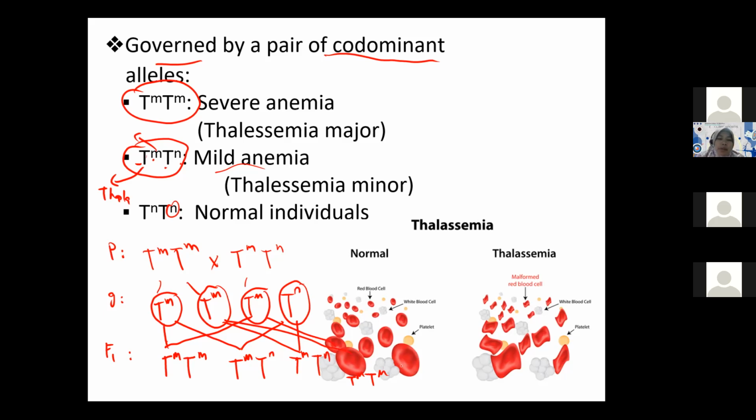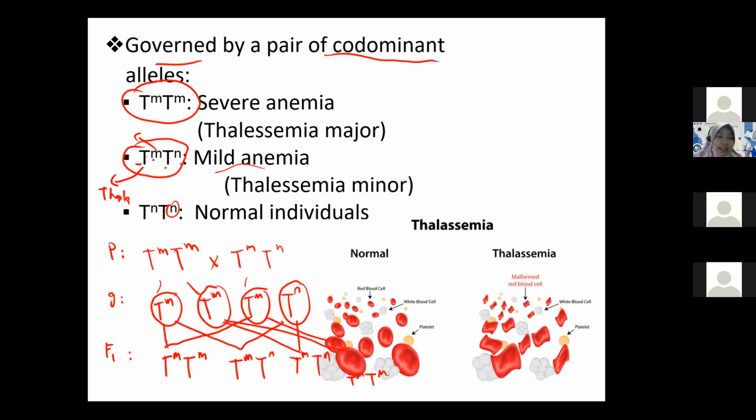What is the probability of the children to be normal? Anak yang normal, maknanya tak ada thalassemia. 0%. Maknanya kalau one of the parents has severe thalassemia major and the other parent has mild thalassemia, the probability for them to have normal children is 0%.